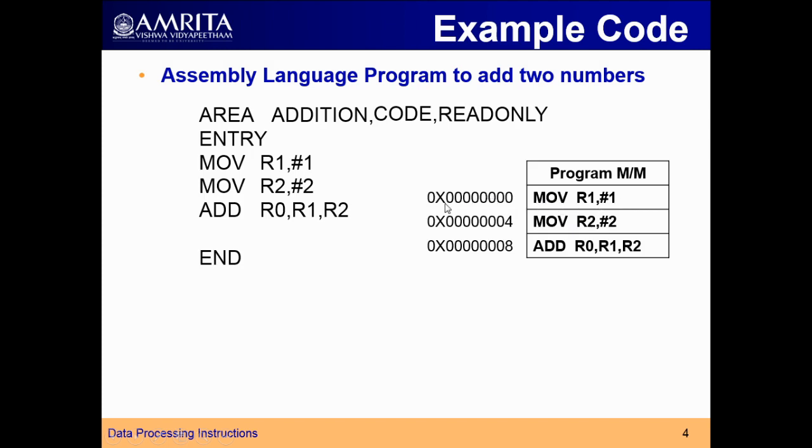In the first location you have address 000, and you will be storing the first byte of this instruction. In the second location, the address will be 0001, and we will be storing the second byte of this instruction.